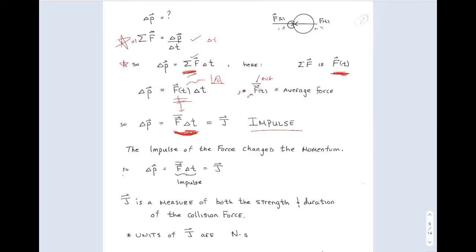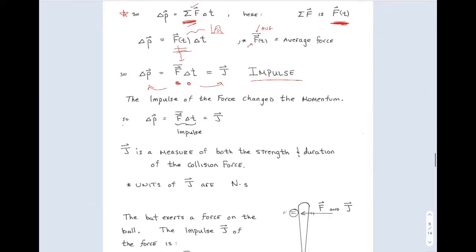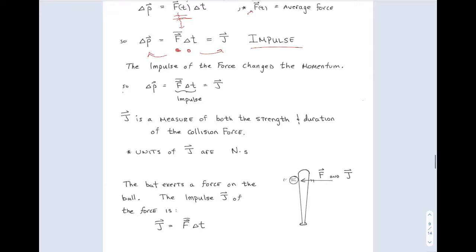Now here we actually do have two different words for the same thing. The average collision force times the time is a change of momentum, and it's also called the impulse. Why have two different words for the same thing? That's a little confusing.